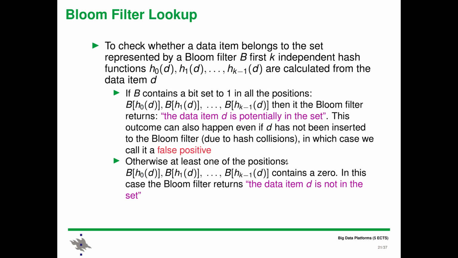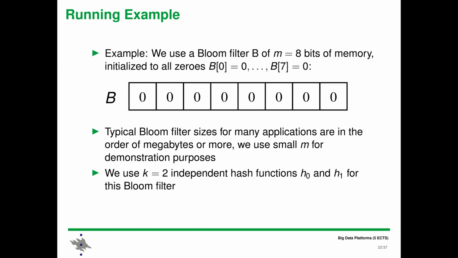So let's take a look at an example. I'll come back a few slides from here to this example. So let's use a Bloom filter of 8 bits of memory, and the bits are 0. I use the notation here and also in the quizzes where bit 0 is on the left, like arrays are written in such a way that the 0th index of the array is on the left and the 7th index is on the right hand side.